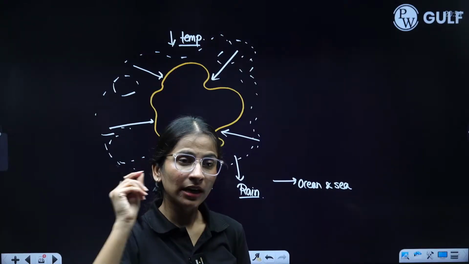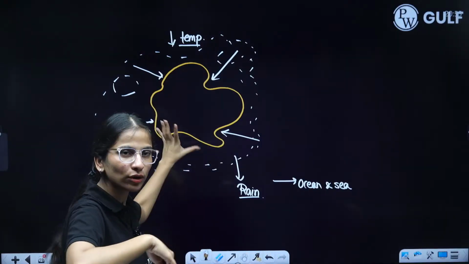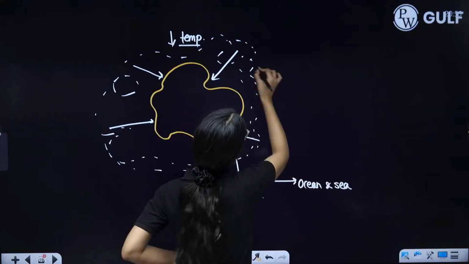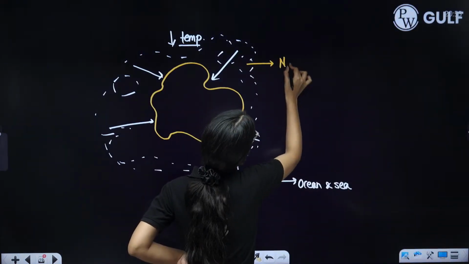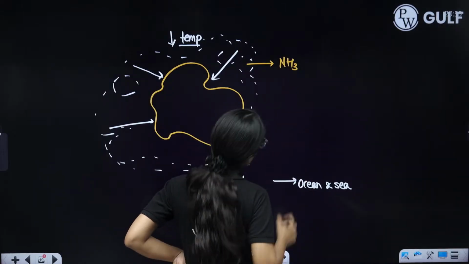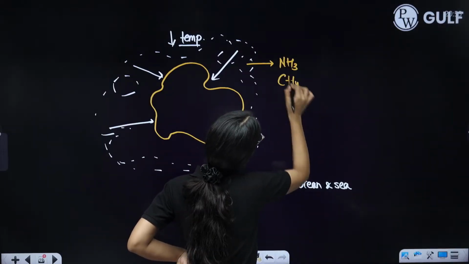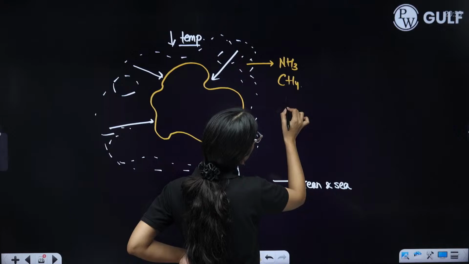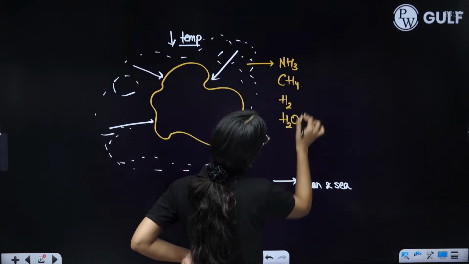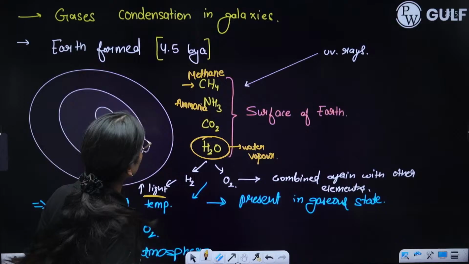Okay, now when all of this was happening, before the rain, what was happening? A lot of elements. Which elements, ma'am, to be specific? These elements were combining with each other. Combining how exactly? Okay, one more element is left.